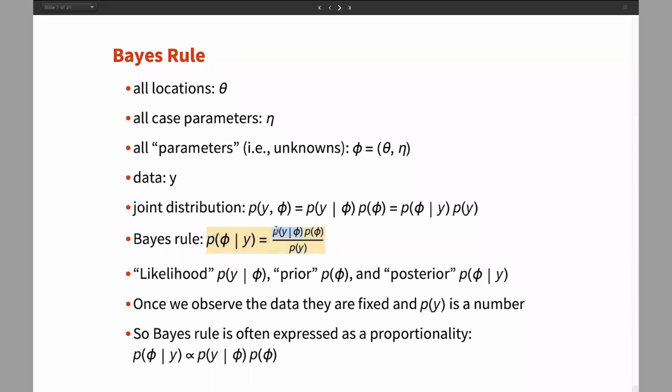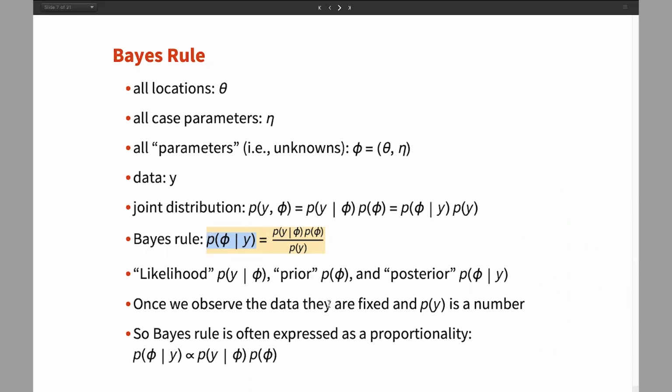What would have been the sampling distribution, but we're not sampling anymore, the observations are given, is the likelihood. Phi is the unknown thing in there. And then P of phi is the prior, and the posterior is the thing we really care about. So for us, estimating a model is coming up with this posterior distribution for the unknowns, all of them. And then maybe we'll look at some means and variances and stuff like that, but we really want to get the entire distribution so we can characterize what we know and what we don't know about these things.